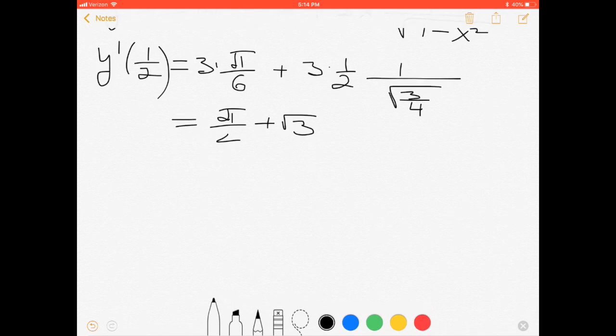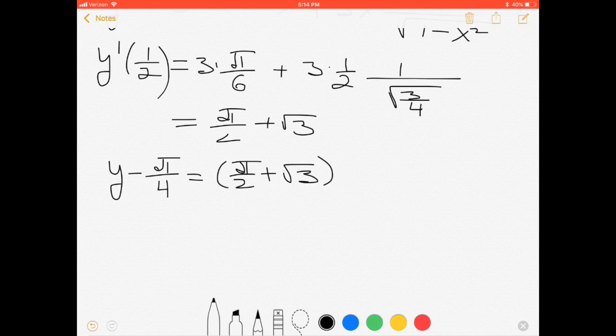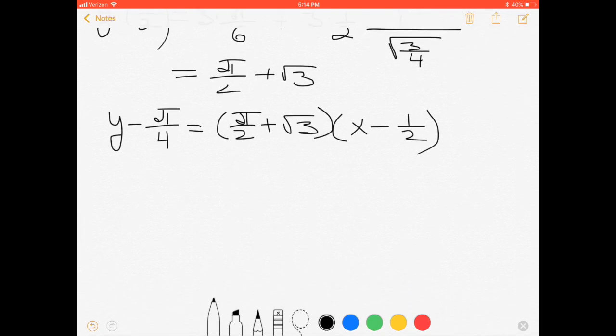This is our slope. If you have the slope, this means y minus the value of the second coordinate of your point, pi over 4, equals the slope pi over 2 plus square root of 3 multiplied by x minus 1/2. Here we can simplify a little bit.